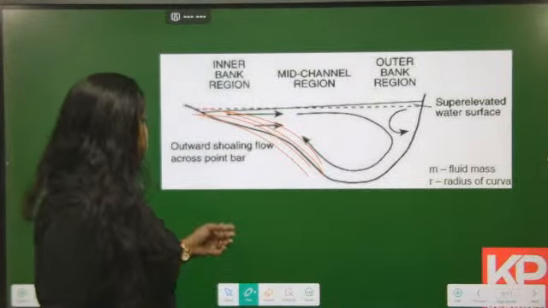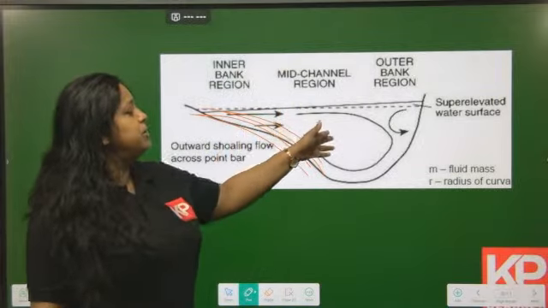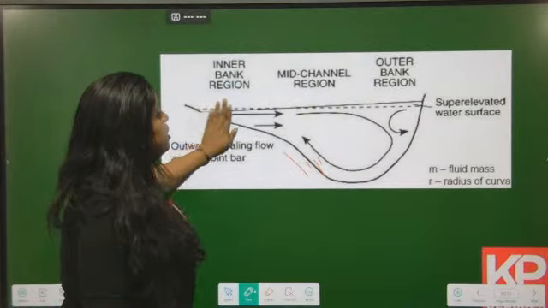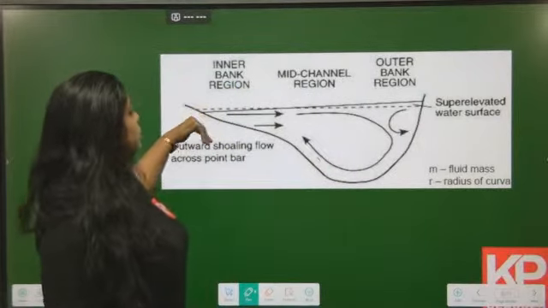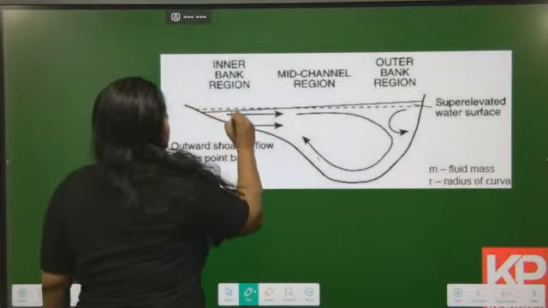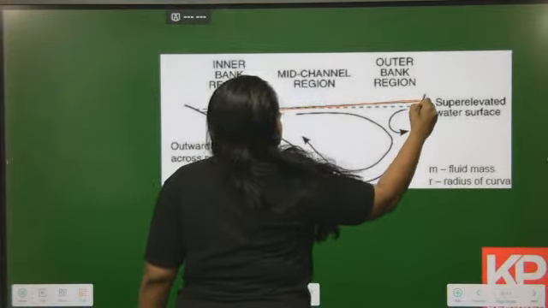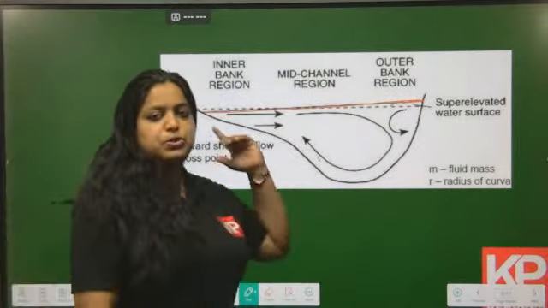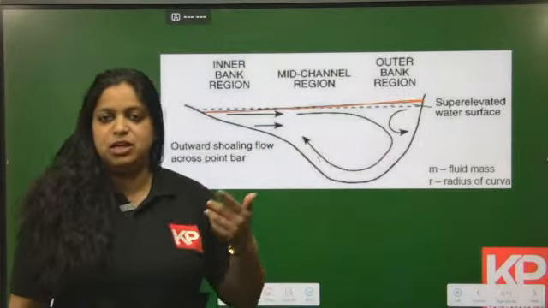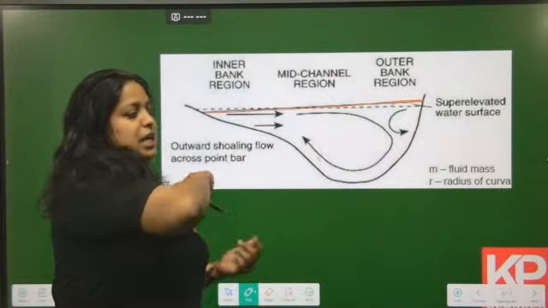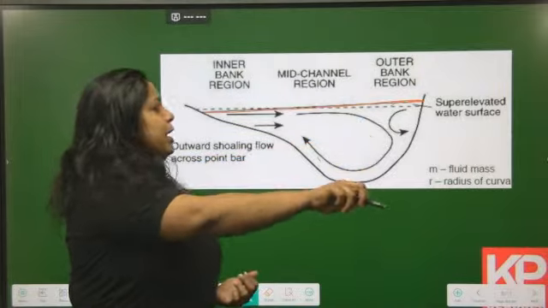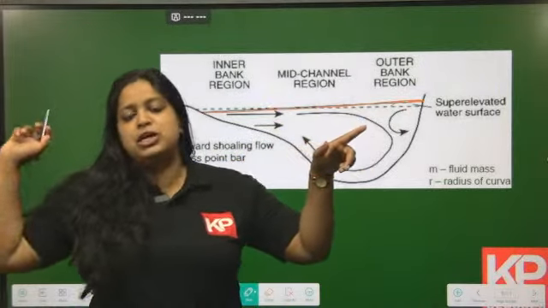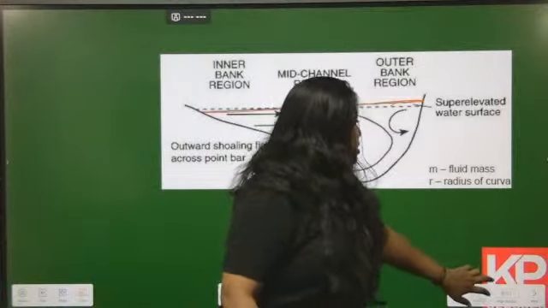So in the inner bank region, mid channel region and outer bank region, you can see that the water level will be much higher over here. This is the higher water level at the outer bank region, because that's how water flow takes place. When water moves helically, it goes towards the outer bank region from one side, then from that outer bank region to the other outer bank region it moves.